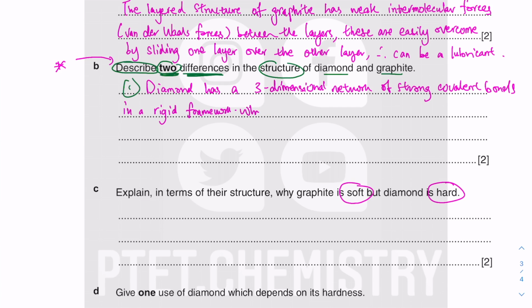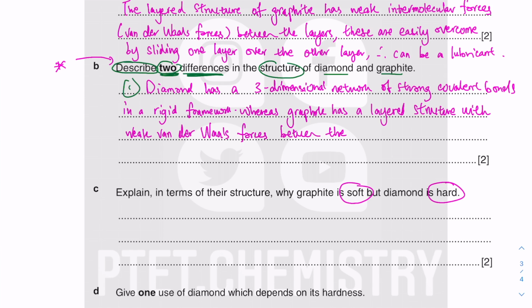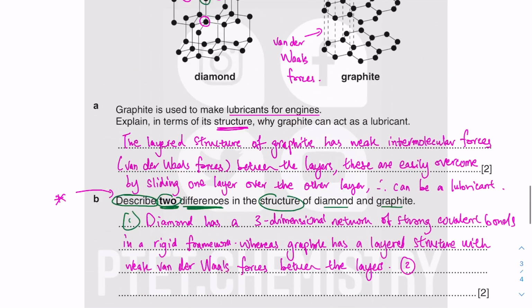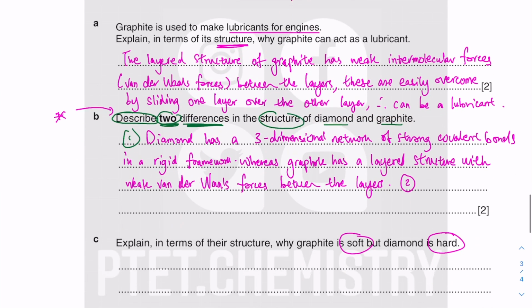Whereas graphite has a layered structure with weak van der Waals forces between the layers. Okay, talking about the second difference now. I can talk about the number of bonds formed for each carbon.